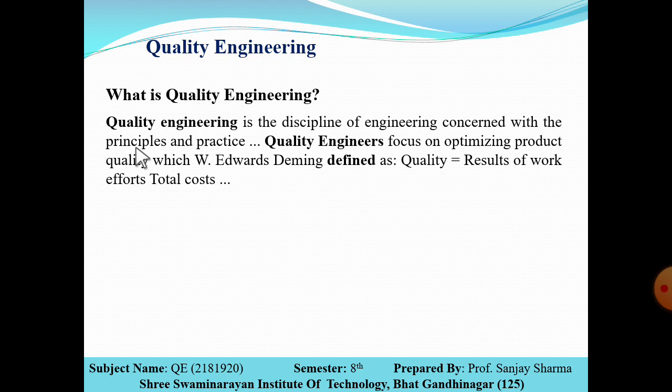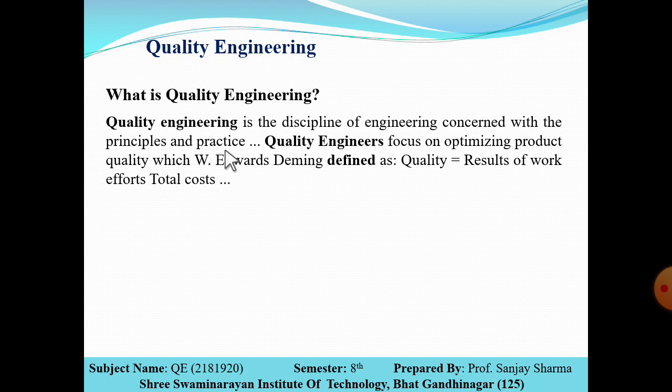Unless and until we follow the principles, we are not able to go for quality. So whatever principles are mandated for quality engineering, they should be followed and compulsorily practiced. If we don't practice these principles, then it is not sure that we will achieve quality. So when you are thinking of quality, you have to think of the principles and put them into practice.